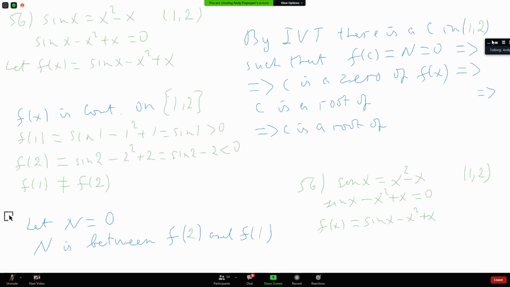So if it's a zero of f of x, C is the root of sine x minus x squared plus x equals 0, which implies C is the root of sine x equals x squared minus x.